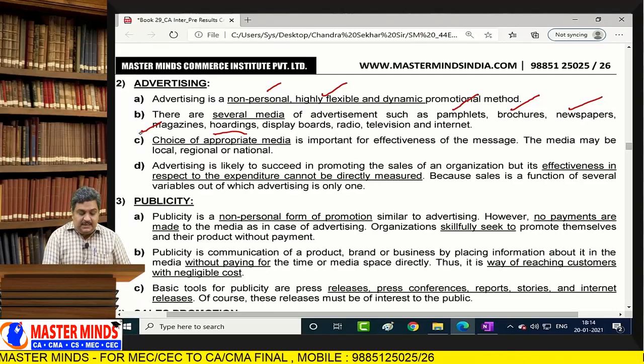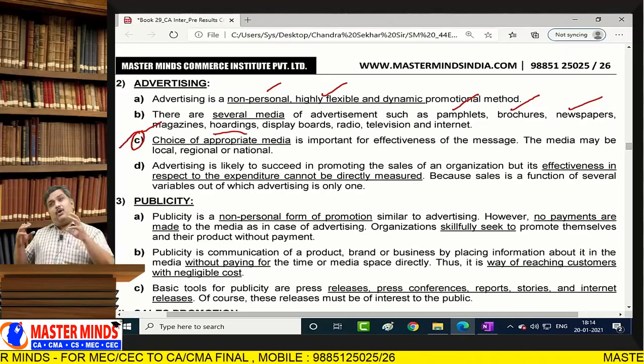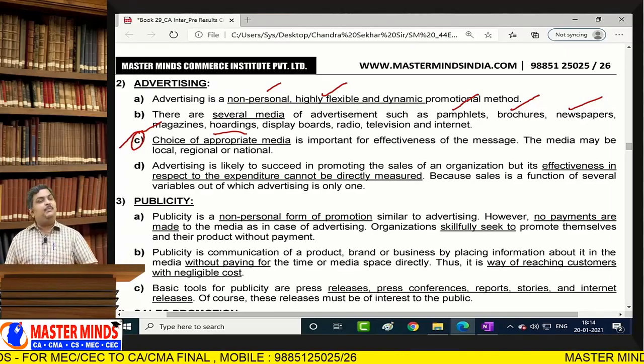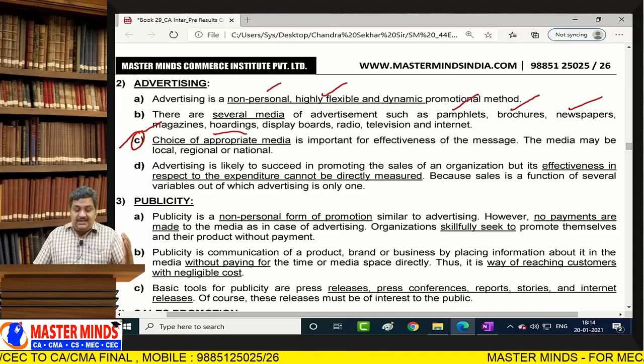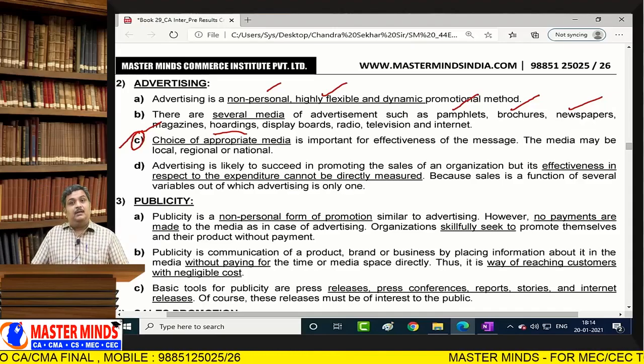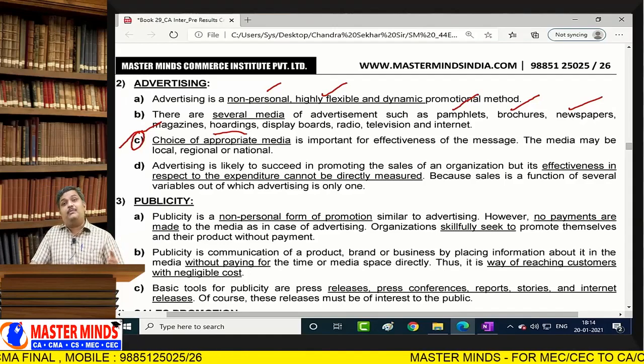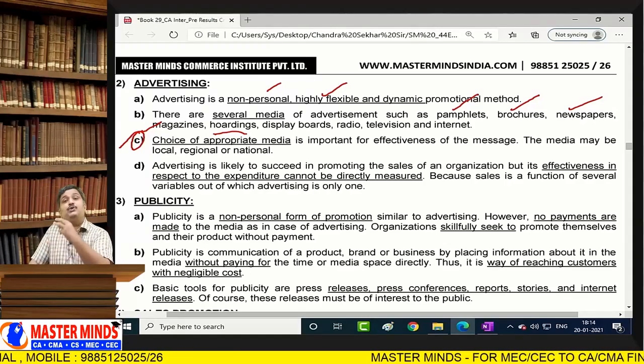These are all the possible ways of advertising. And see, there are a lot of media available to make the advertising, but you have to be very careful in choosing the media. That means you have to understand your target audience, to whom you want to reach.